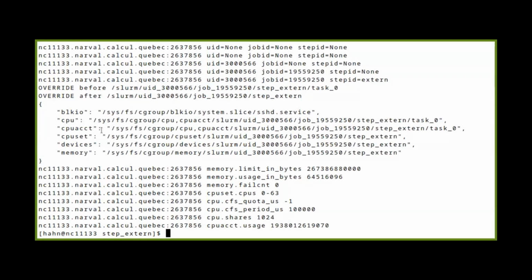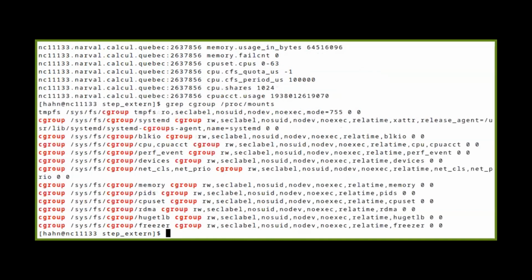If you want to find out where this information comes from, you can grep for cgroup in proc mounts. These are all the types of cgroups that the system has mounted. The kernel considers these to be virtual file systems, which is how it organizes the mounts.